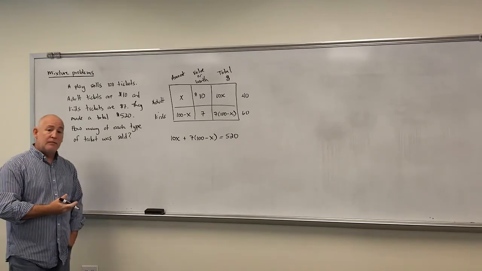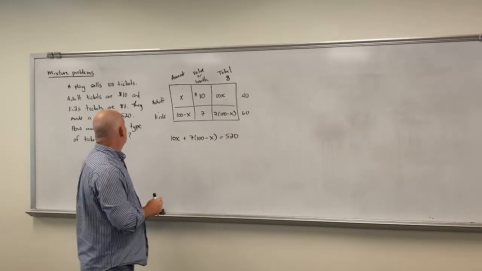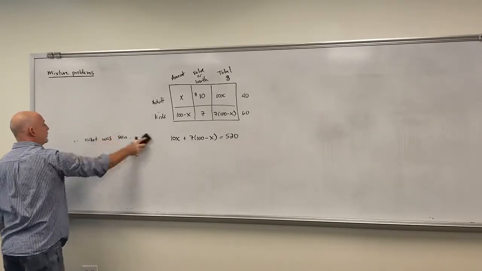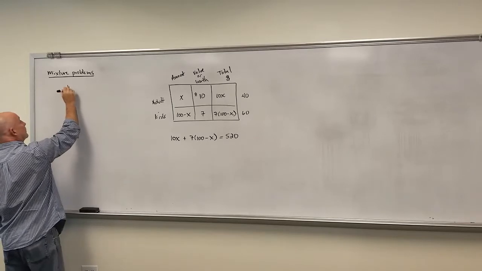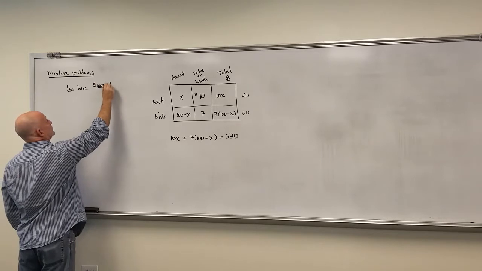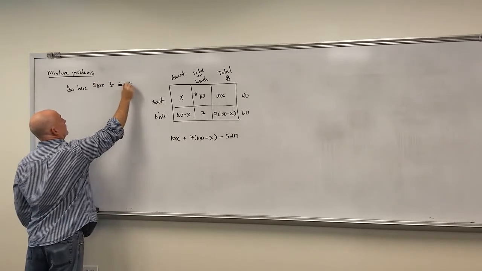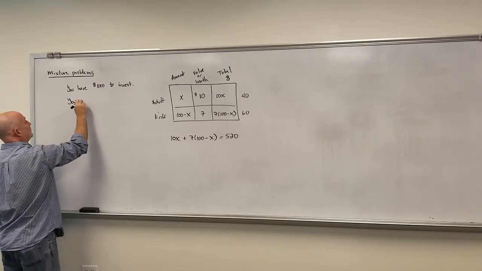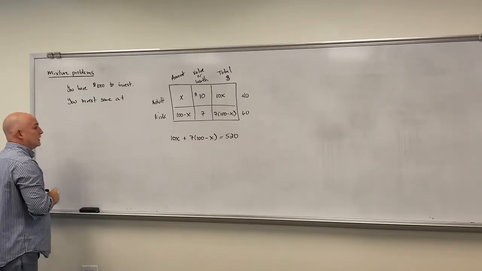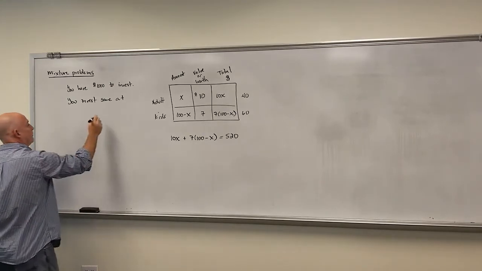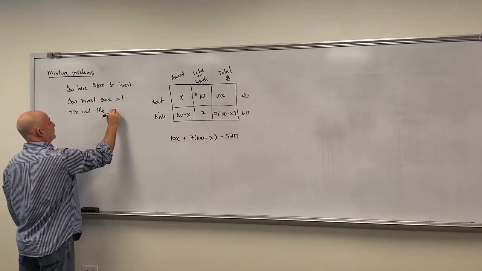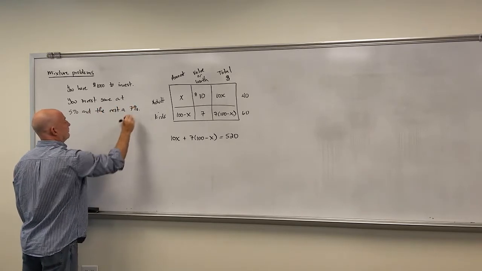All right, so this is one type of mixture problem. Let's try another one. I'm going to need some room here. I think I can fit it over there. So let's say you have $1,000 to invest. You invest some at, let's do 5%, and the rest at 7%.